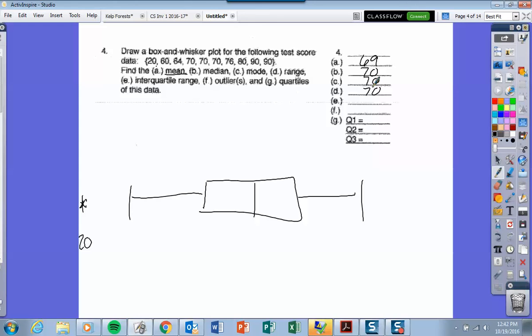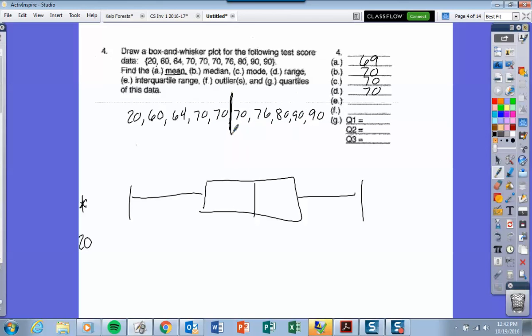The interquartile range. Now, what the interquartile is, I'm going to look at my set of numbers. So I'm going to rewrite it here. Okay, now I know I've got 1, 2, 3, 4, 5, 6, 7, 8, 9, 10. 10 numbers, which means I have 5 over here, 5 over here.